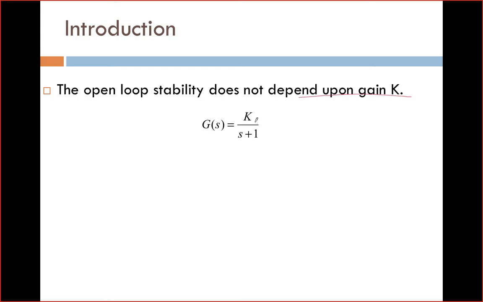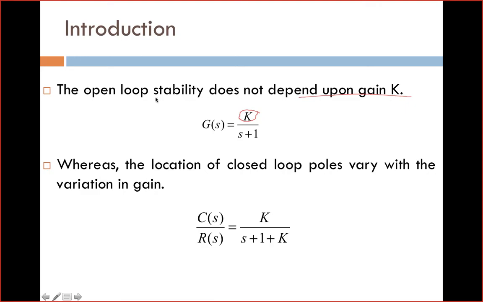The open loop stability does not depend upon k, because k is a parameter in the numerator of the open loop transfer function. At the same time, for the closed loop, you will have a characteristic equation s plus 1 plus k. This characteristic equation purely depends on the gain value k.